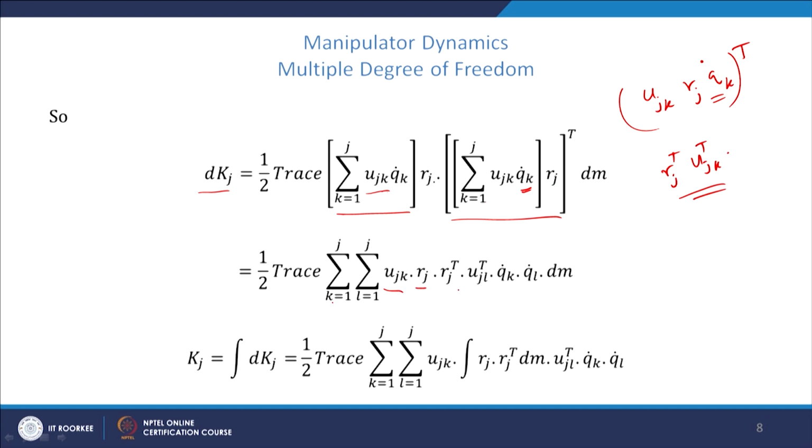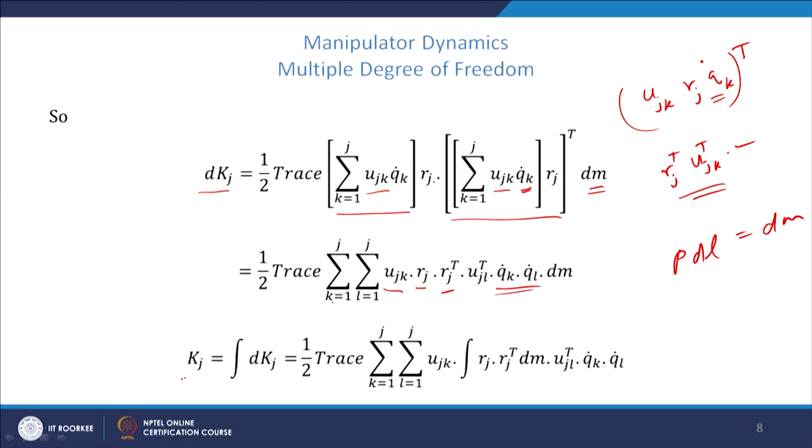Then we get R j transpose, multiplied by U j L transpose, the transpose of this one, multiplied by these two real values Q k dot Q L dot, multiplied by this small mass here, because rho into dl is the small element mass dm.